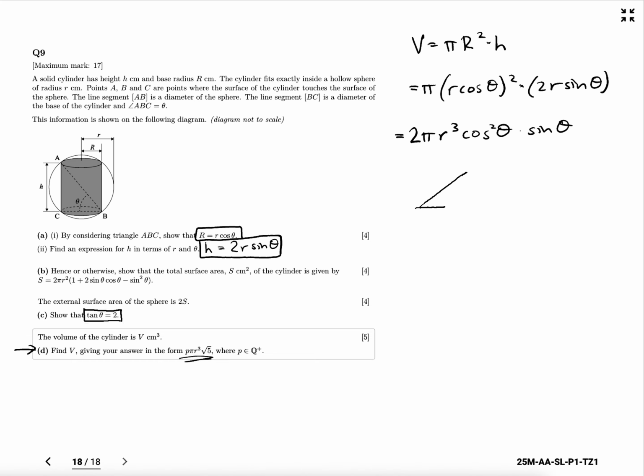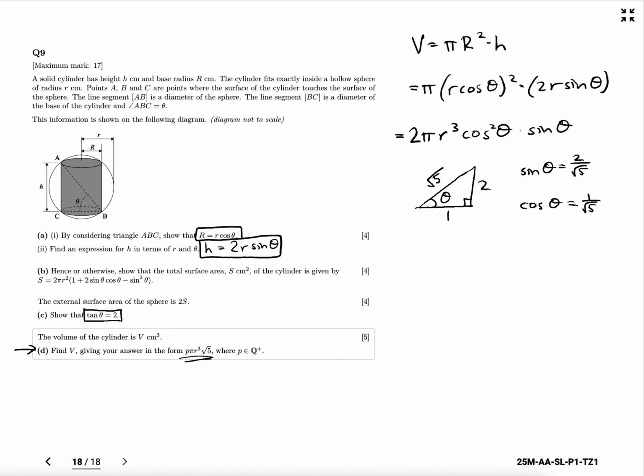So we can draw a little triangle to work out cos and sine. So tan theta is 2, which means that the opposite is 2 and the adjacent is 1. And that means that the hypotenuse is the square root of 2 squared plus 1 squared, which is square root of 5. So that means that sine theta is the opposite over hypotenuse, and cos theta is adjacent over hypotenuse.